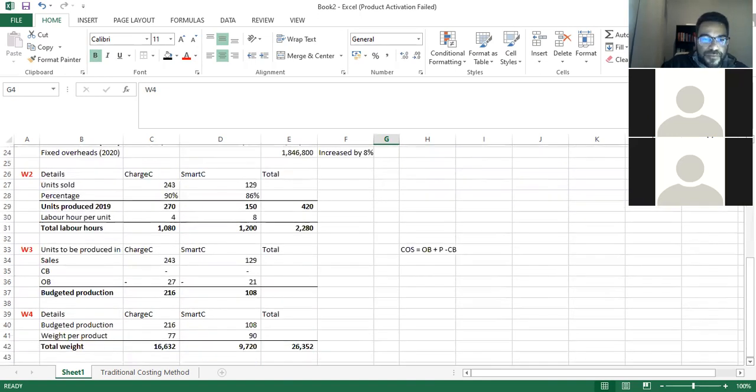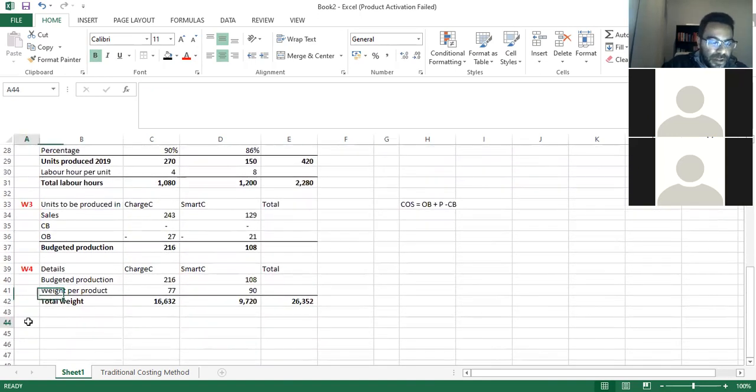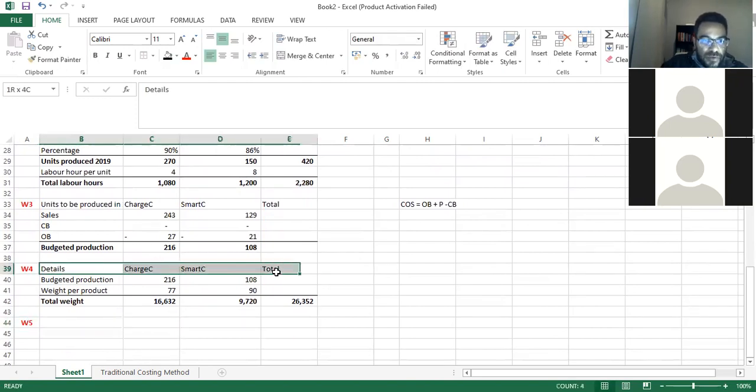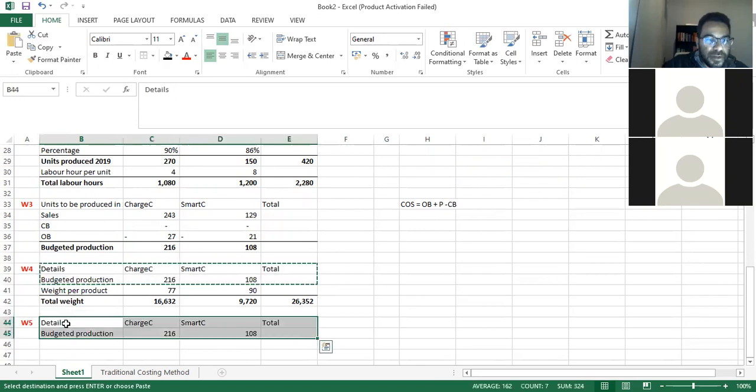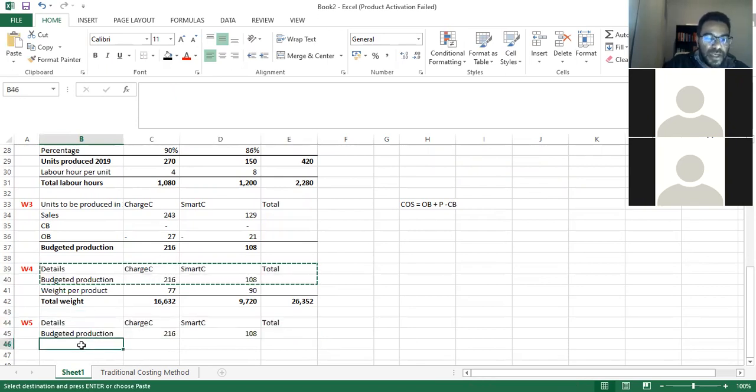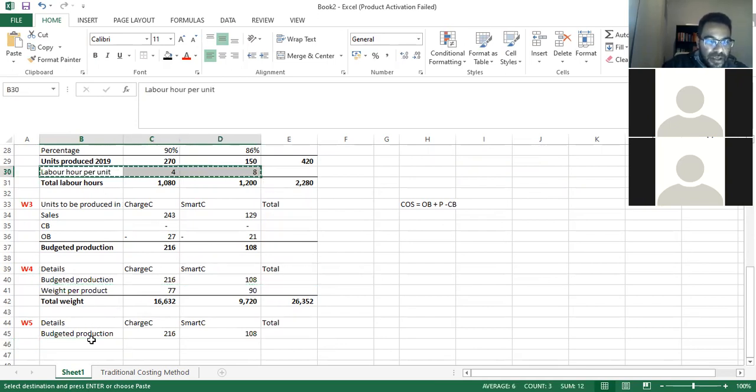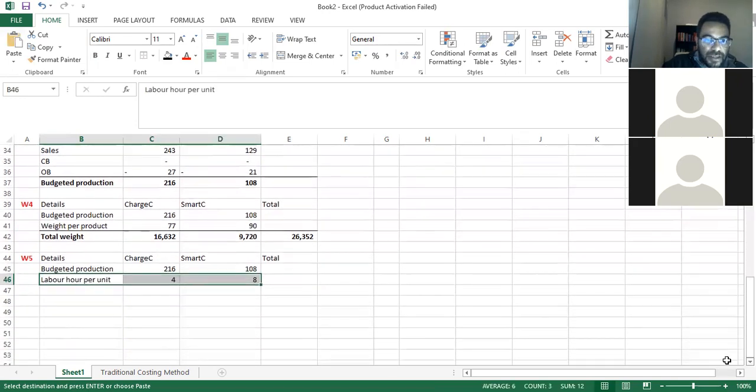Then we go over here, working 5. I just copy this over because they remain the same. But now it's going to be labor hours per unit. There we go. That still stays the same. I copy and paste. I don't think the labor hours change. I don't recall them saying anything.